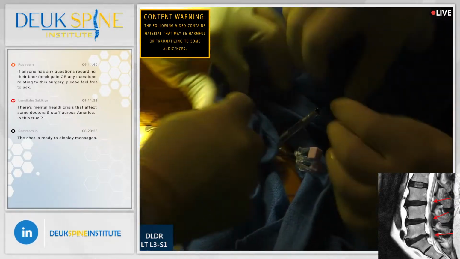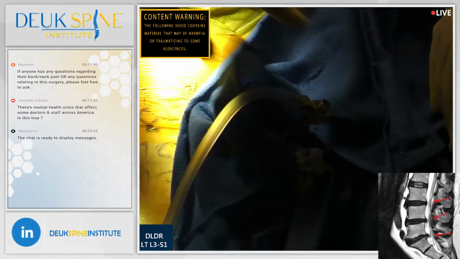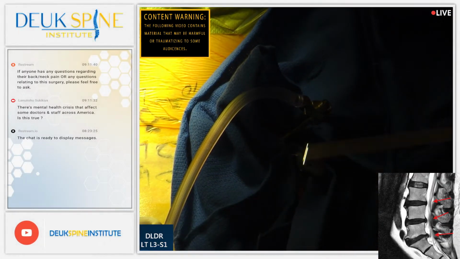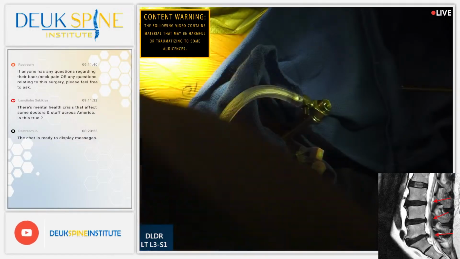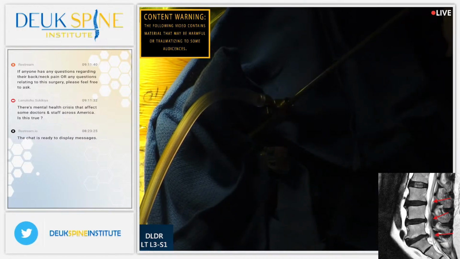At Deuk Spine Institute, we're the first in the world to describe the incidence and prevalence of these conditions, and they are now curable here at Deuk Spine Institute. So 99.5% of chronic back pain is now curable.